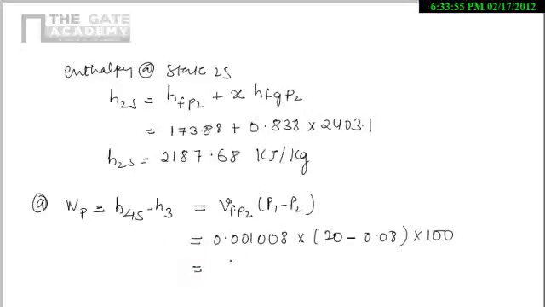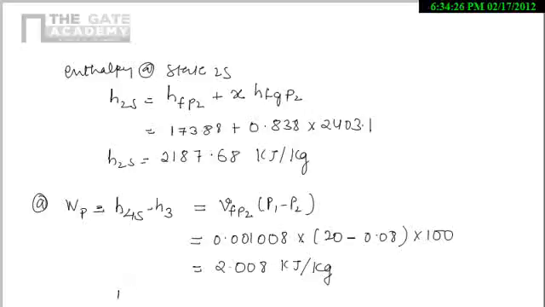So this value will come 2.008 kilojoule per kg. Remember one thing, whatever units you take, you should be consistent. Suppose you want work done in kilojoule per kg, then the specific volume will be in meter cube per kg and the pressure will be in kilonewton per meter square. So remember these things.